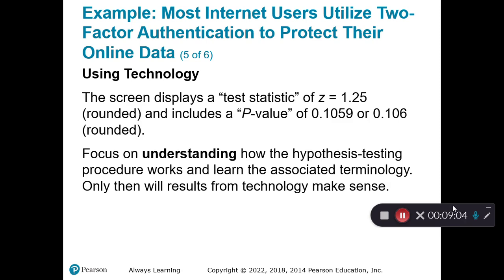And we're going to make sense of these two calculations later on in this presentation. So we want to make sure we focus on understanding the procedure, understanding what these calculations really give us, and making sense of how we're going to render our final decision. The technology really is just a computational aid.